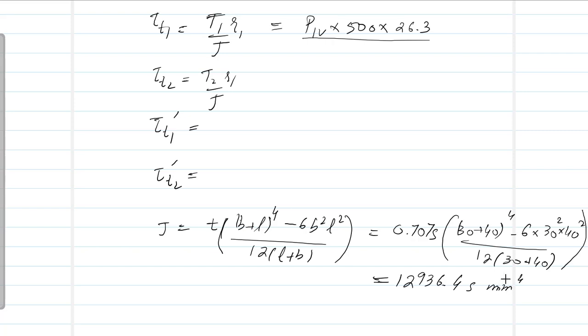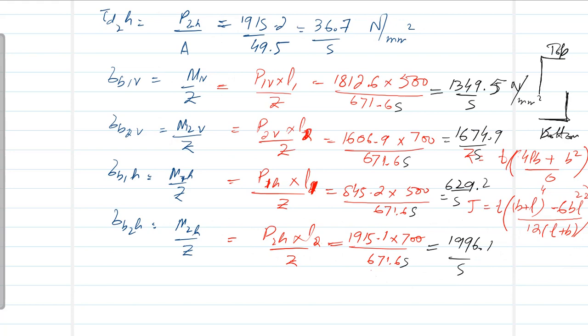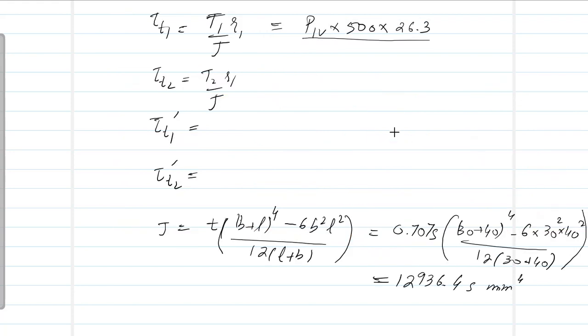Just see the formula again, just calculating again to avoid any fault in it. 70 power 4 minus 6 into 30 square into 40 square divided by 12 into 70 into 0.707. Yes, okay. So this is P1. Instead of writing P1, just write the value here.